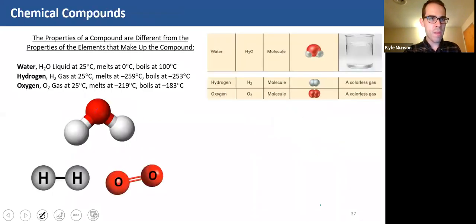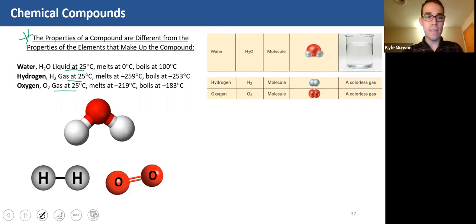So, chemical compounds now. We've been using water a lot as an example, and this is something to keep in mind here, that the properties of a compound are different from the properties of the elements that make up the compound. So here's just a list of the state of water, hydrogen, and oxygen at room temperature.